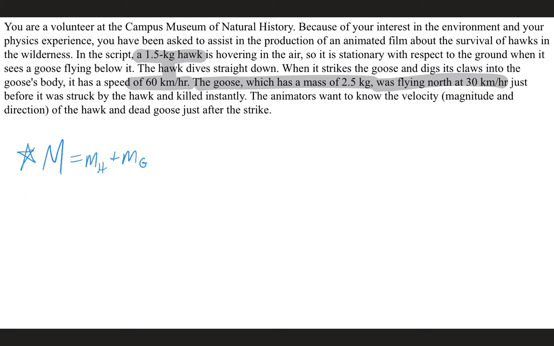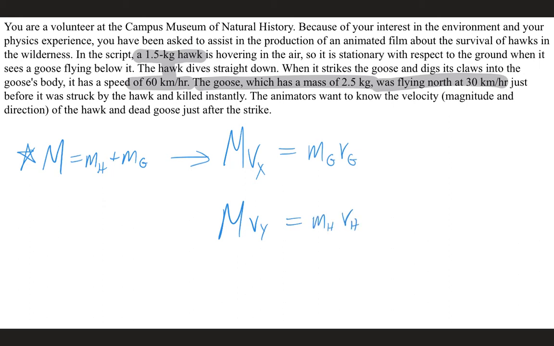And so we know that in that combined system, the x part of that is just going to be equal to mass of the goose, velocity of the goose. And in the y part of it, it's going to be the mass of the hawk, velocity of the hawk.